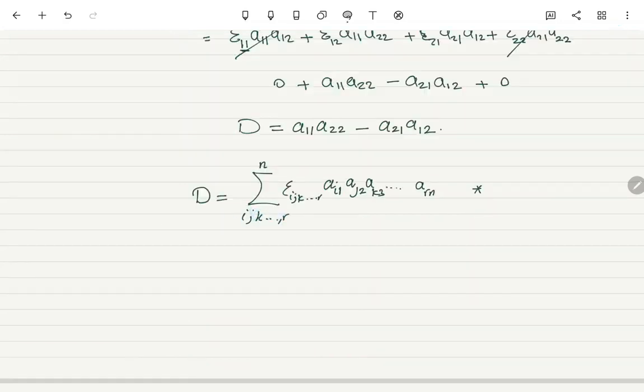Now let's apply this equation for a third order determinant, n equal to 3. Therefore, the determinant is equal to a11, a12, a13, a21, a22, a23, a31, a32, a33.